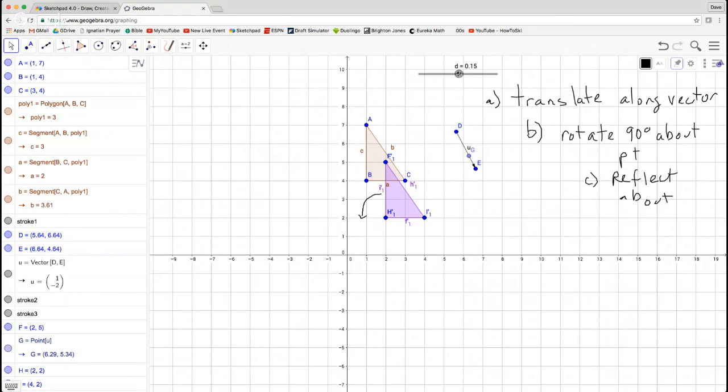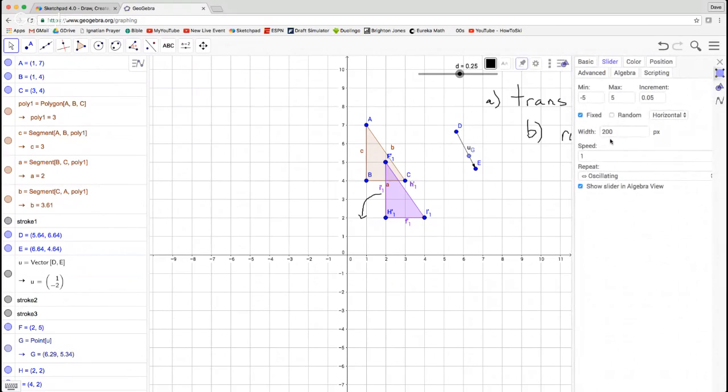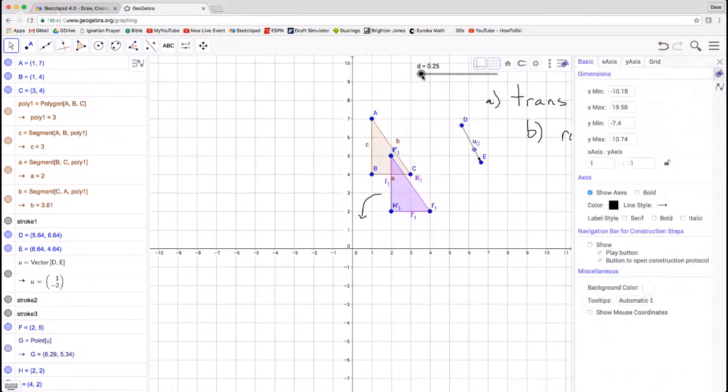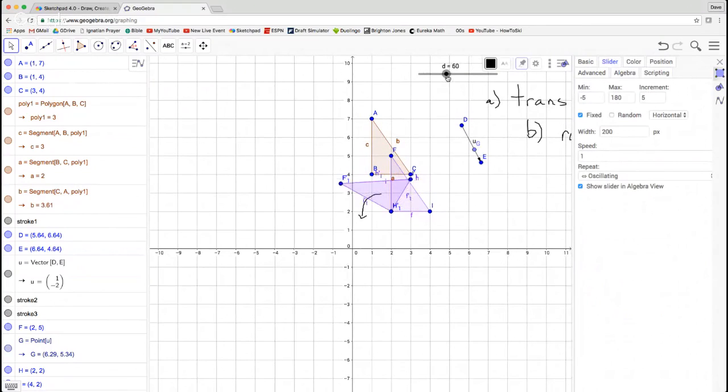Okay, oh, that's the problem. Our slider, we have to get the properties of our slider and make sure we can move that a lot. And we're going to make our increments be 5 degrees. Okay, here we go. There we go. That was our problem. So we're going to move that 90 degrees.